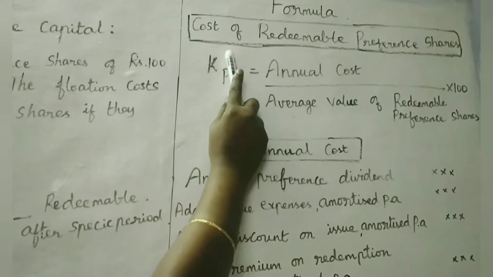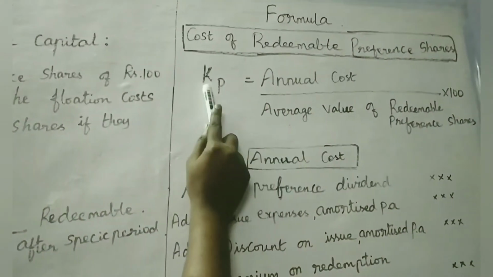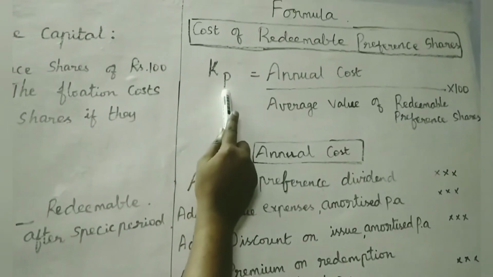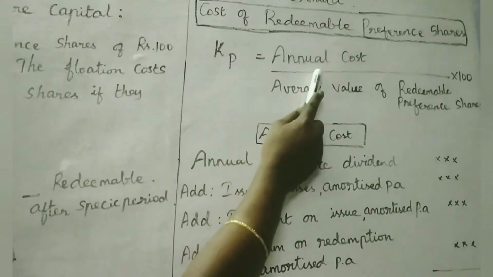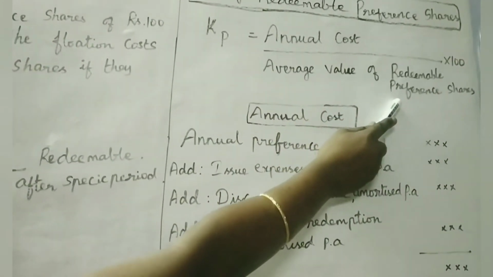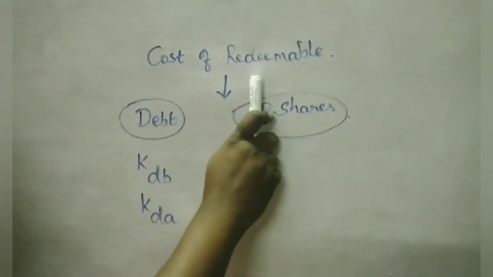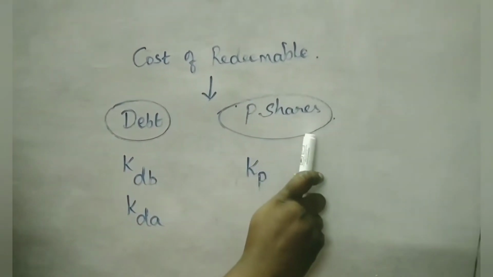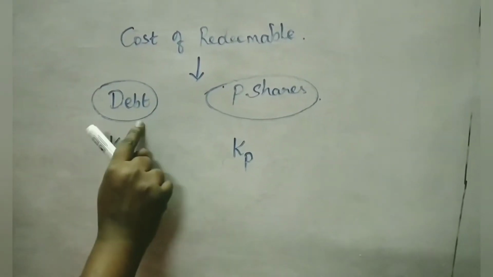The formula to find out the cost of redeemable preference shares: KP. K is cost, P is preference shares. Cost of preference shares is equal to annual cost divided by average value of redeemable preference shares into 100. The formula is similar to that of cost of redeemable debt.